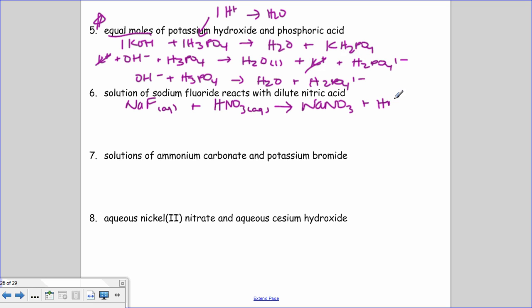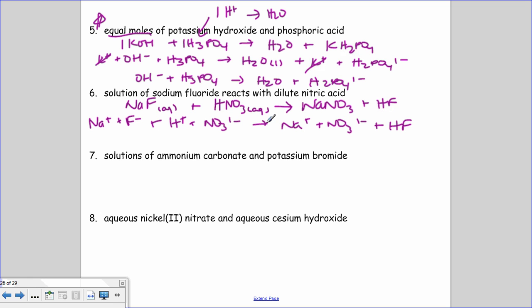And HF. So you know that this is a soluble salt. You know that this is a strong acid. Soluble salt, weak acid. So do not mess with the weak acid, leave it alone. Na+ and F- plus H+ NO3 1- yields Na+ and nitrate 1- and HF.